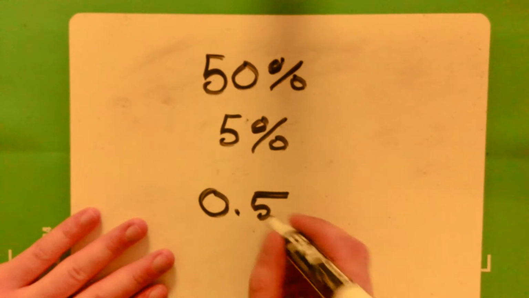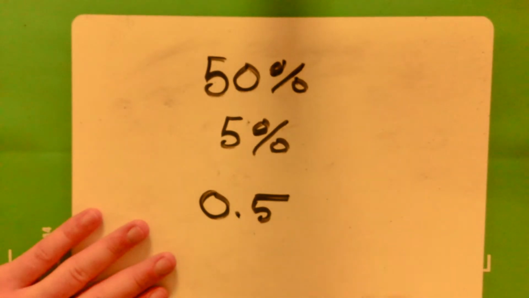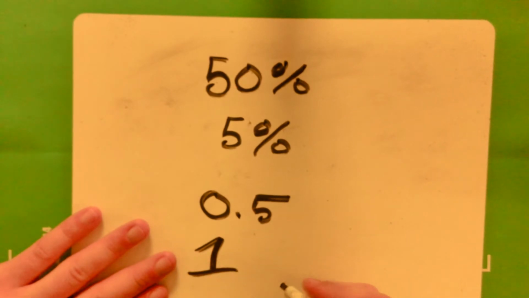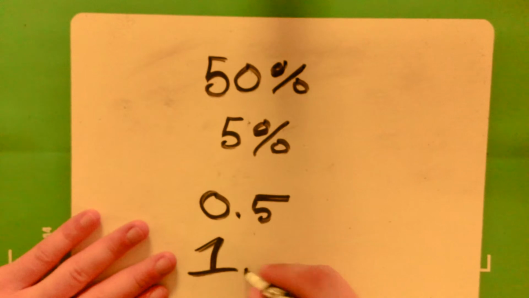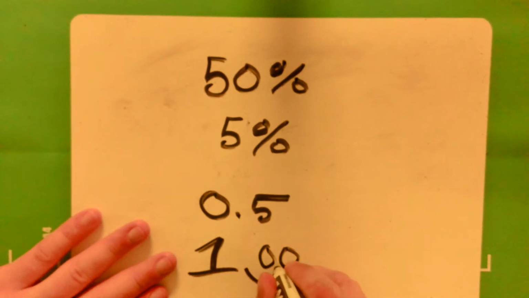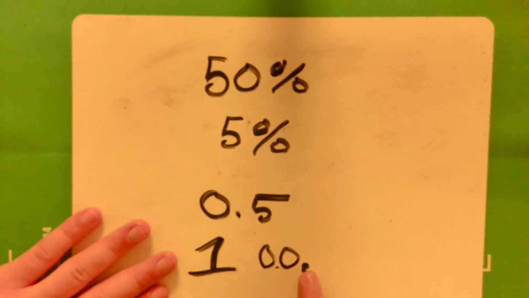Another way of thinking about it is, when we're talking about decimals and transferring to percentages, we're talking about a whole as being 1. So if our whole is 1, we can actually prove that 1 equals 100% by putting 2 decimals after it and shifting it over twice, erasing it.